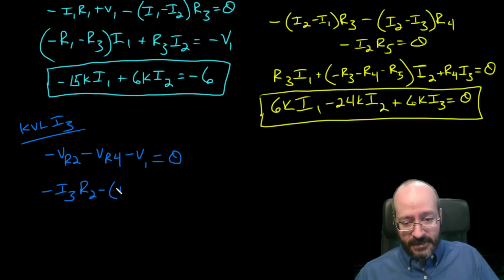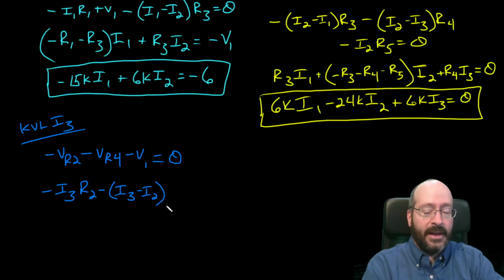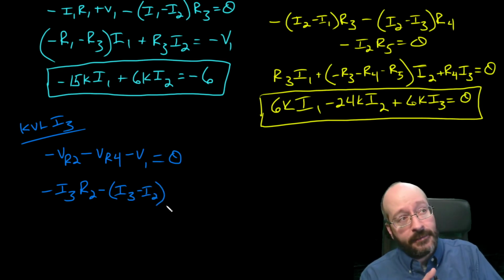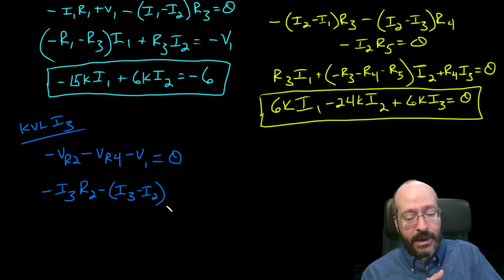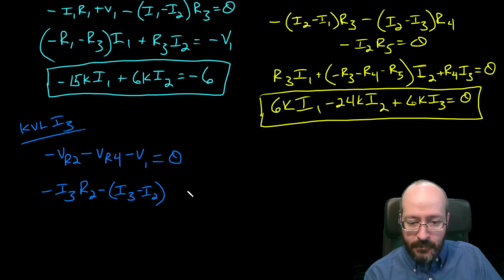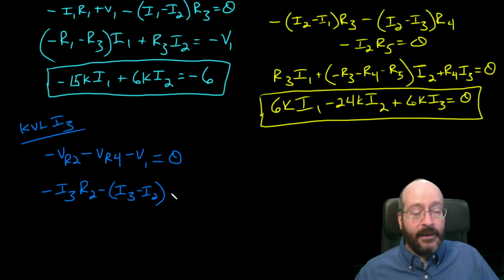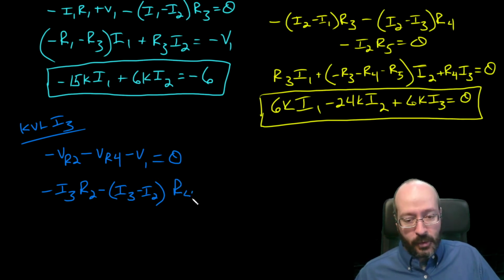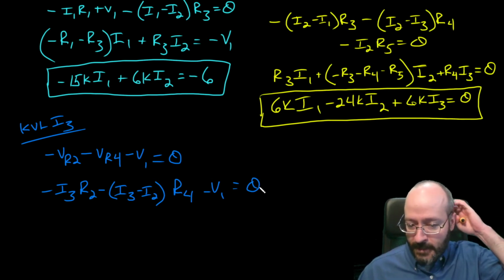I3 is positive in this case, and I2 is negative. Check the current direction on that. Think about the passive sign convention, and I'm using the plus or minus that is labeled around VO because it agrees with passive sign convention for the direction of I3. Okay, and then let's see, minus V1. Oh, I forgot a resistance there, didn't I? This is going to be times R4, and then minus V1 just comes down, and that's equal to 0.